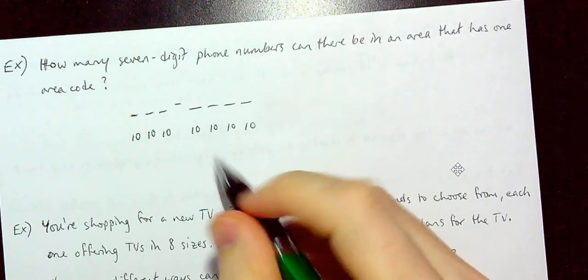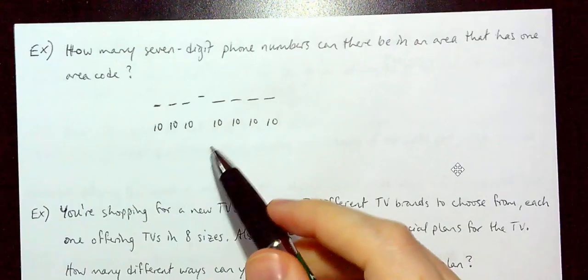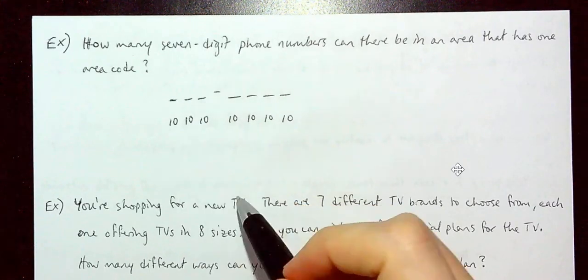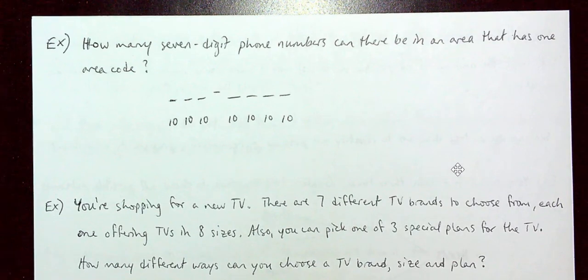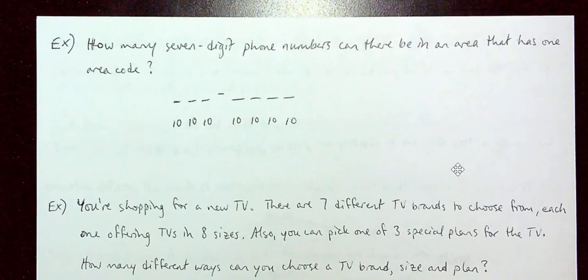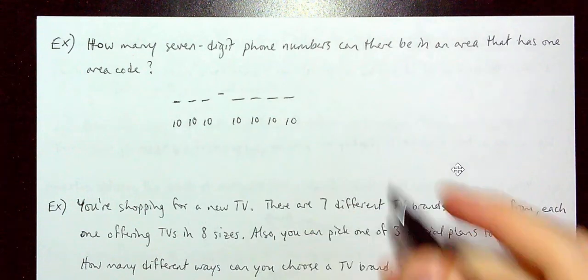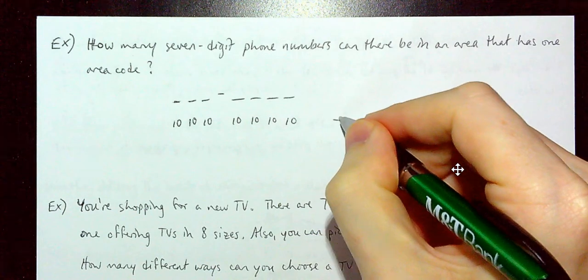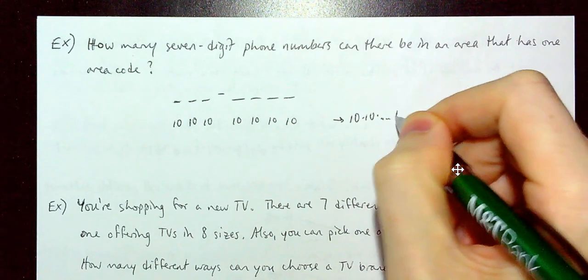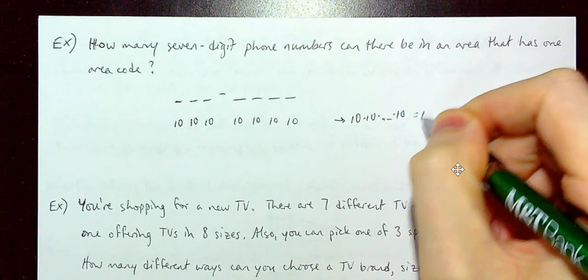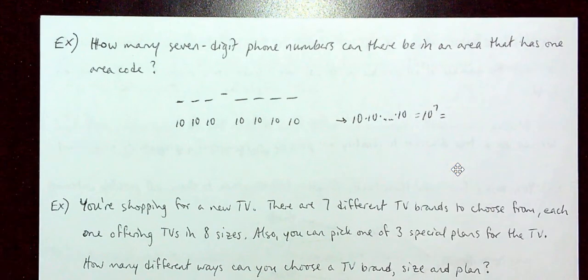So, using the fundamental counting principle, the number of possible 7-digit phone numbers that we can have inside of an area that only has one area code is going to be the product of all these 10s. It's going to be 10 times 10 times 10, or 10 to the 7th.